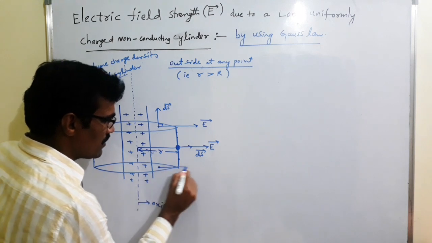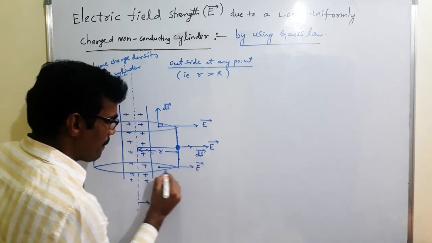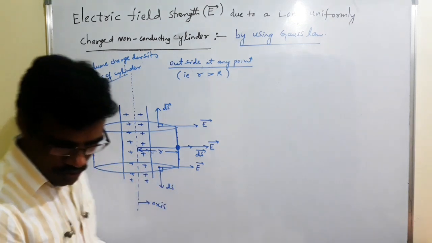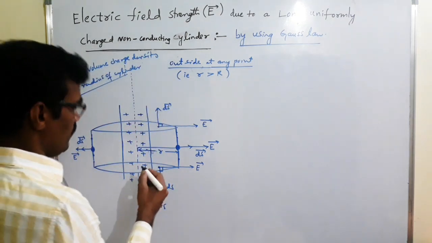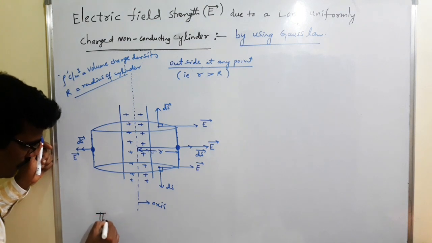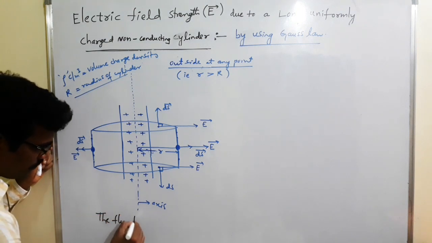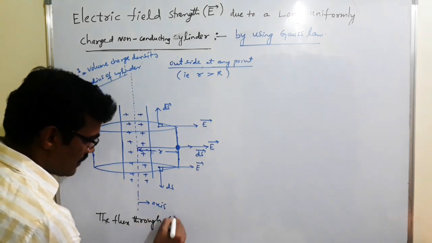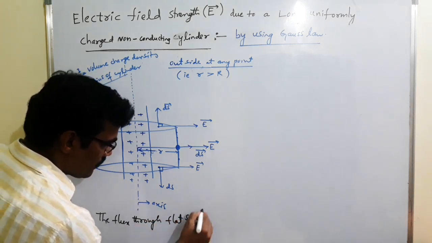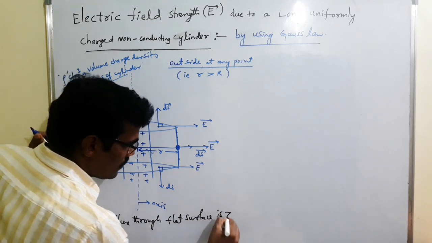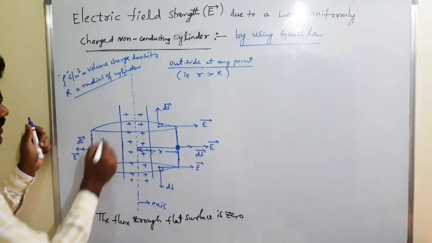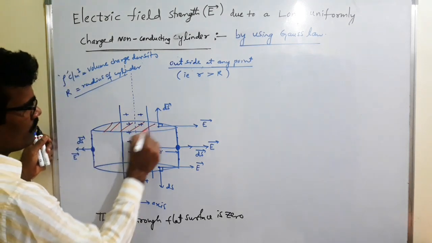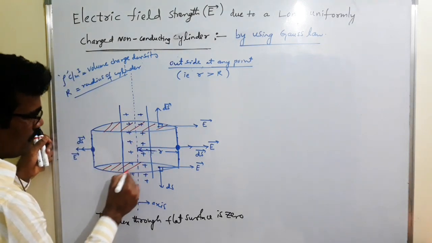Same for the other flat surface. Therefore, students, the flux through the flat surface is 0.